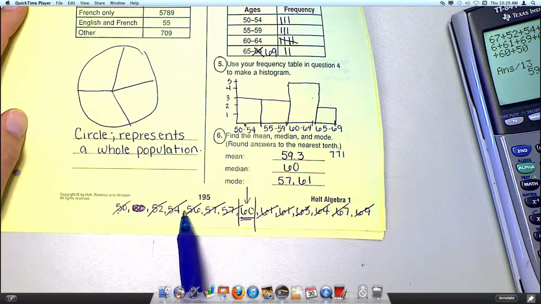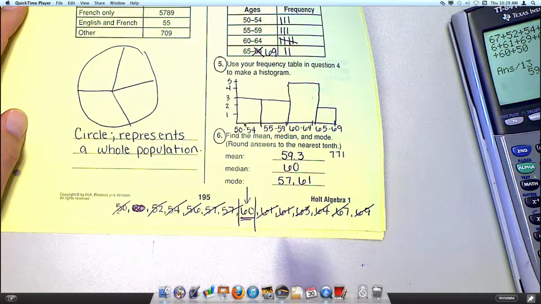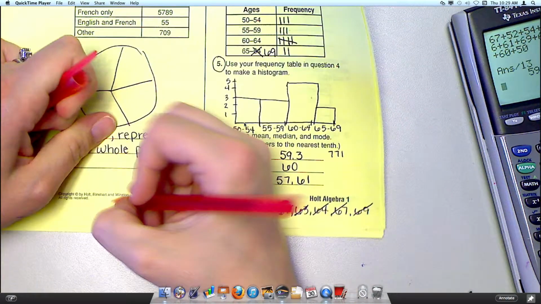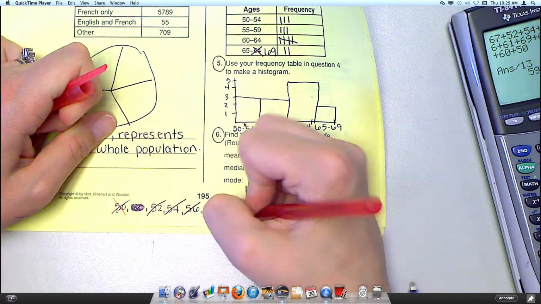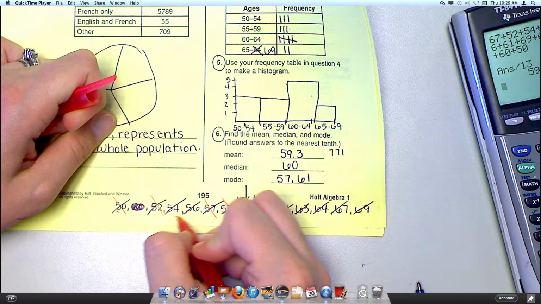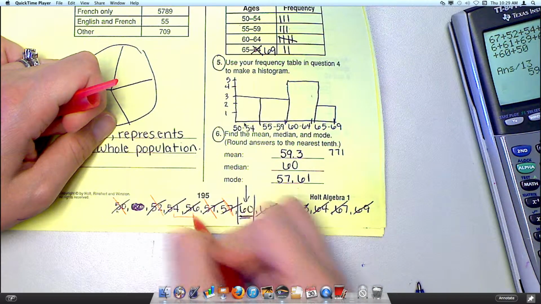Now I have 6 numbers left here. If I went in, let me pick a different color. To find the median from here, I would cross off 1 on the left, 1 on the right. 1 on the left, 1 on the right. And this time you do come down to 2 numbers in the middle.